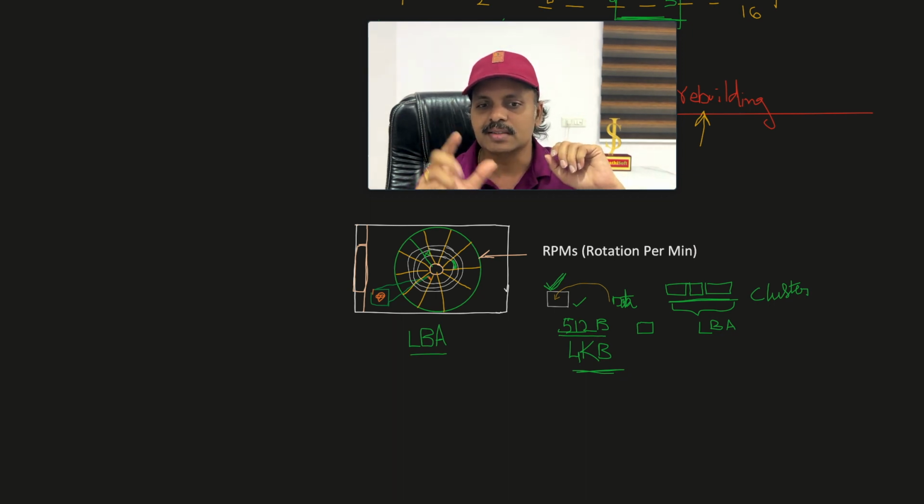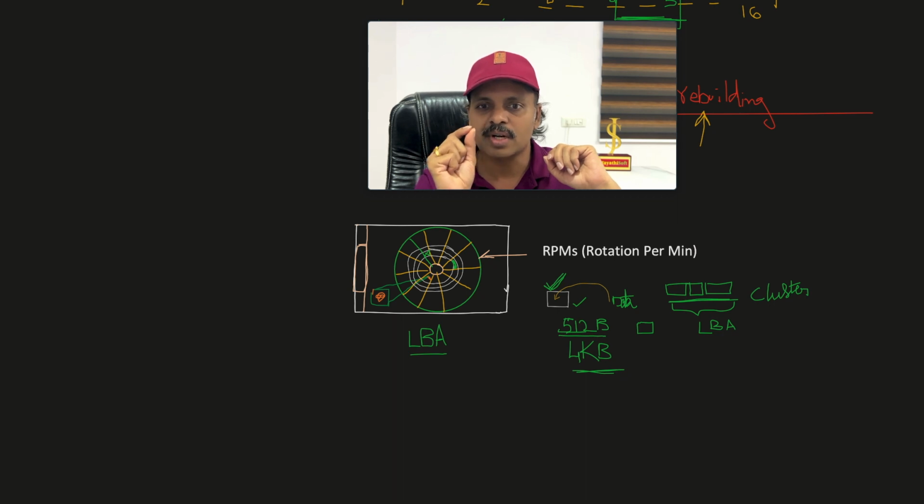The disk, whatever you are seeing, the hard disk, the rotating disk, the smallest part on that we call a sector. That sector will have a minimum capability of 512 bytes. In all the latest hard disks we are talking about, the sector size is 4 kilobytes, 4 KB.